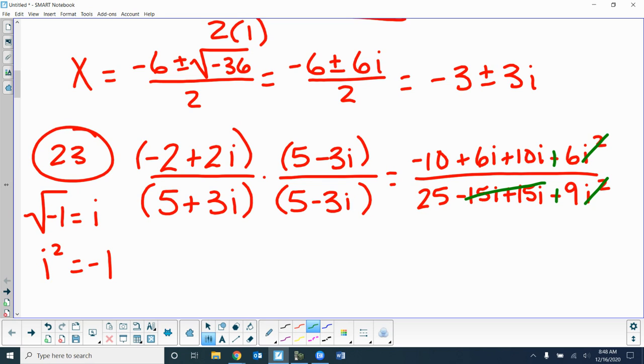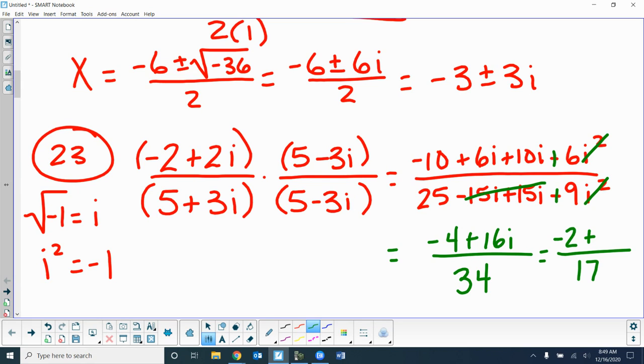So 25 plus 9 is 34 for the denominator. -10 plus 6 is a -4. And 6 plus 10 is 16. Can I simplify that? Yeah. 2 goes in there, right? So 17, -2, and then 8. Okay? Questions?